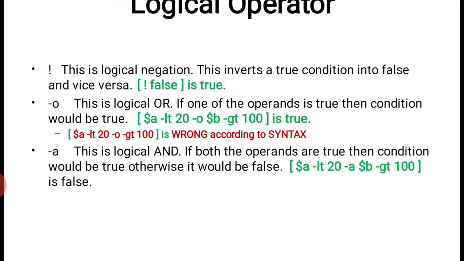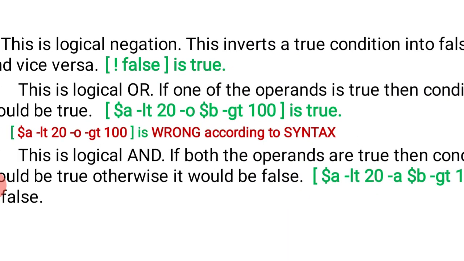Here we are using this condition, the example we have taken: if dollar A is less than 20 or dollar B is greater than 100, the value is either less than 20 or greater than 100, in both conditions.